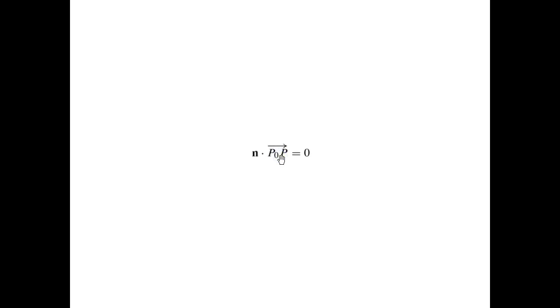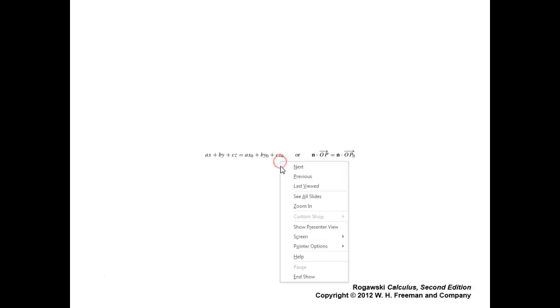Okay. This is saying the normal vector dotted with any vector in the plane has to be 0, because the normal vector is perpendicular, orthogonal, to every vector in the plane, including P0P, okay? And this is what we just derived a couple minutes ago.